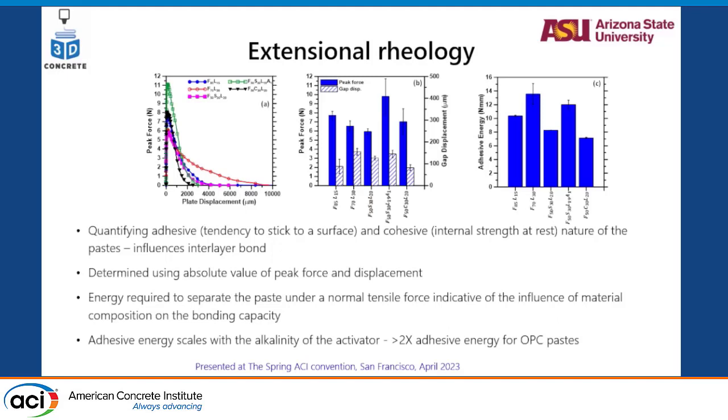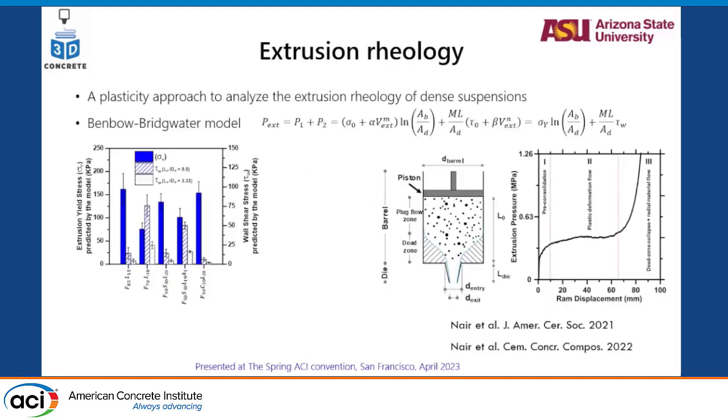So the idea here is, let me do this figure. The idea here is, as a characterization technique, not just a rotational rheology or shear rheology that everybody uses all the time, we simply used an extrusional rheology where you push this through a barrel, through a die of changing cross sections.